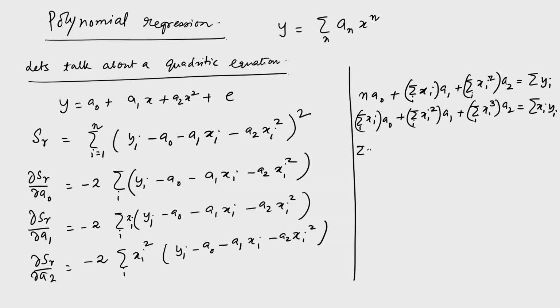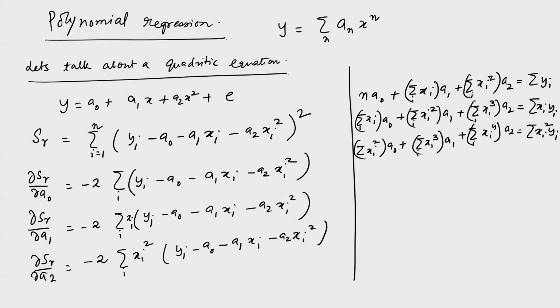And we have x i square a0 plus x i cube a1 plus x i 4 a2, it is equal to x i square y i.